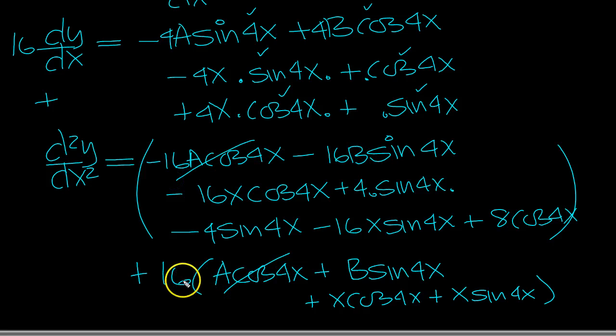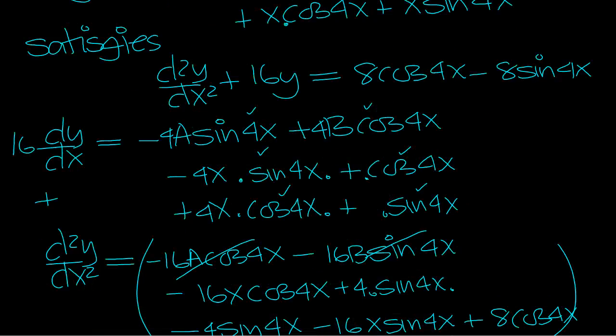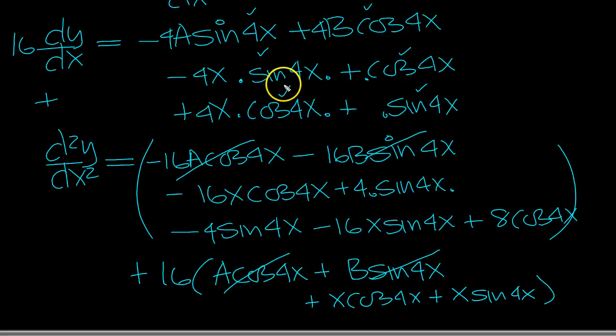The minus 16b and the plus 16b sine 4x's will go. What do we want? We want 8. So we want the x sine x's to go as well. This is minus 4. Oh no, minus 16x cos 4x plus 16x cos 4x, so that'll go. And then we've got minus 16x sine 4x plus 16x sine 4x, so they'll go.